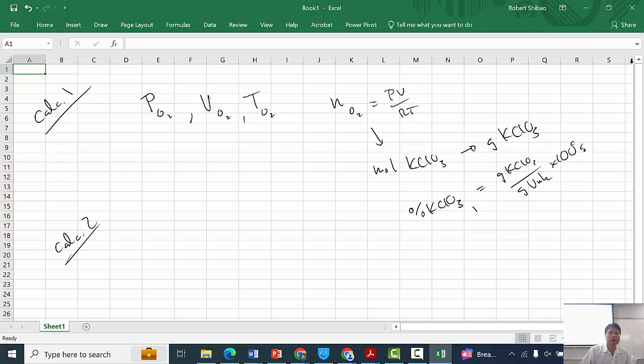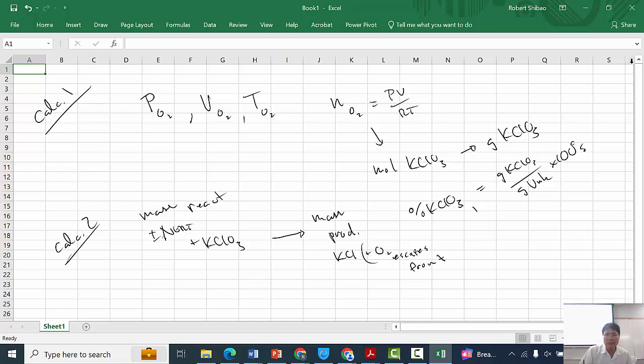Calculation 2 is this. We're going to measure the mass of the inert plus KClO3, the mass of the reactants. And then we're going to measure the mass of the products, which will be KCl plus the oxygen, but the oxygen escapes, and we're unable to measure its mass.